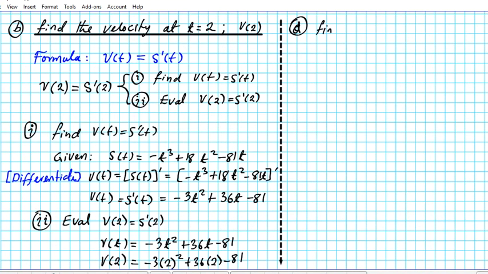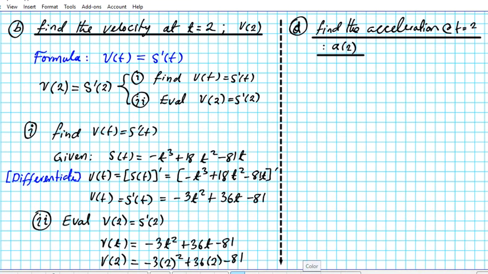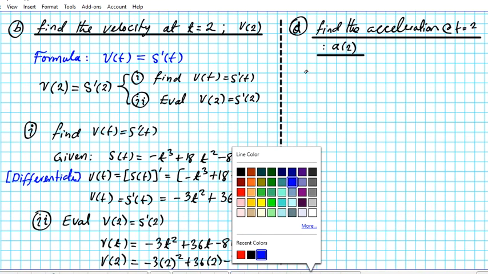We want to find the acceleration at t equals 2. The acceleration at t equals 2 is the same thing as a of 2. That's what we are looking for in this part. Alright, so let's start off by writing down the formula for calculating acceleration.